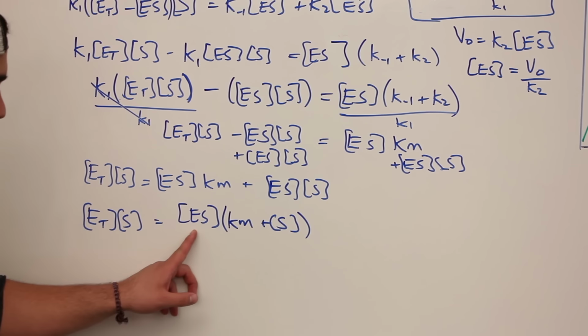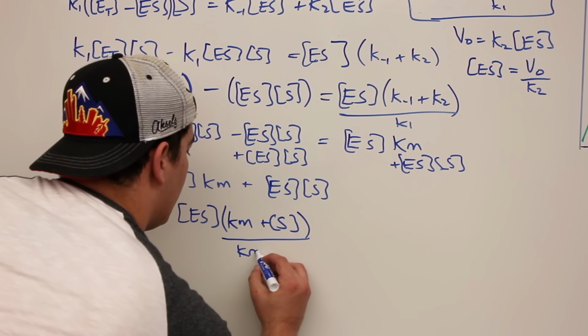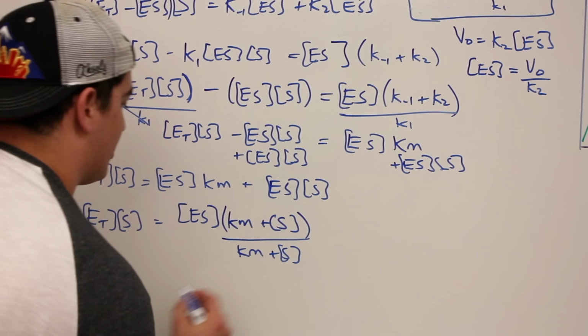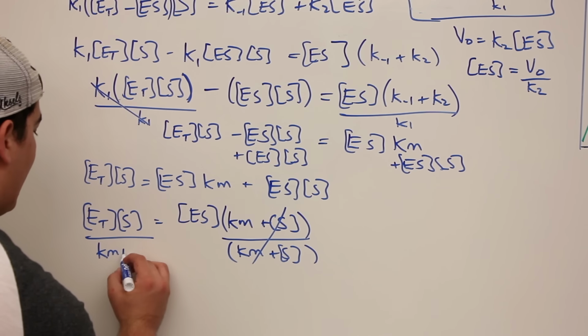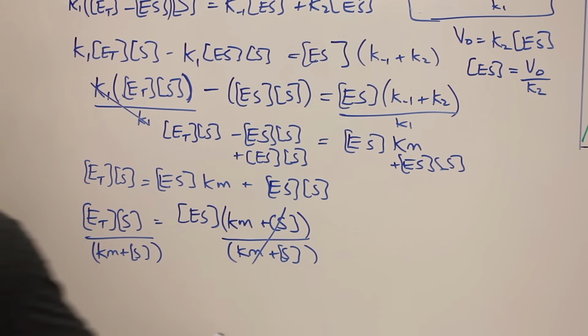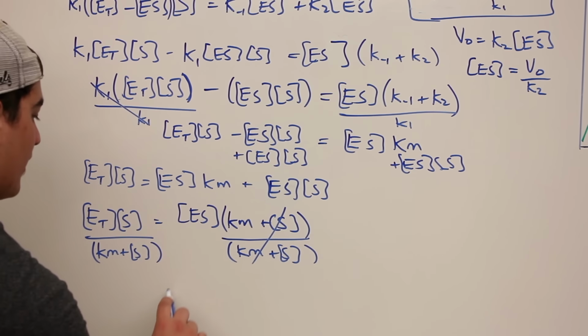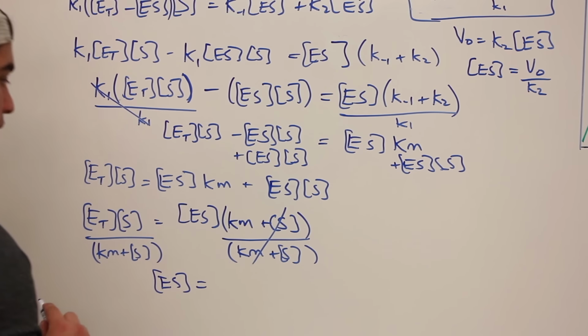So how do I get enzyme substrate by itself? Divide by Km plus substrate concentration. This cancels out, and I'm going to divide over here by Km plus substrate concentration. And what do we get out of this? Okay, let's write this all out now. Enzyme substrate concentration is equal to what?